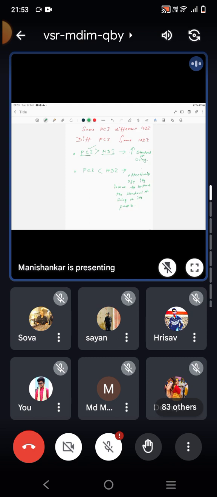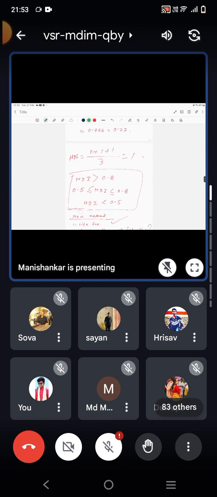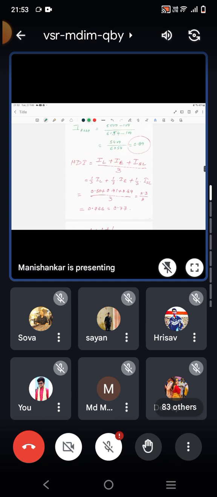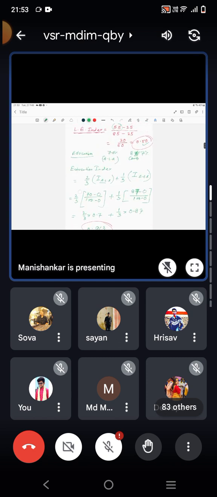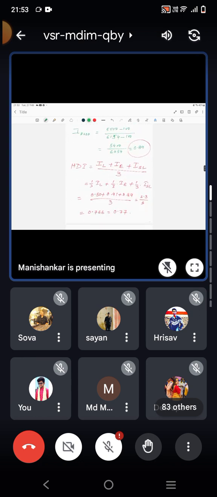But still the HDI has some limitations. Okay, first one I already mentioned, that why you are taking same weightage on all three. Because you are taking 1/3 of all three indices.